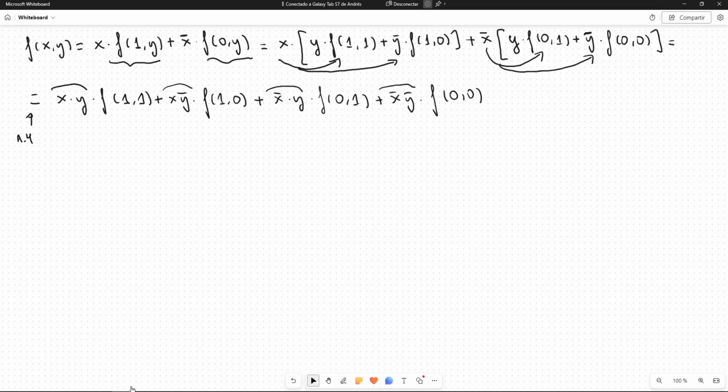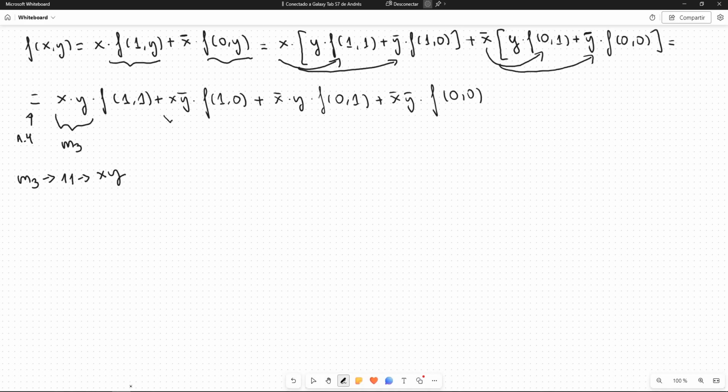I'm going to remove this, not to confuse the arc with the complementation. If you see, this is the min term 3. Why? Because the min term 3 in binary is 1, 1, and a 1 is to have the variable not negated. This is the min term 3 of the function.